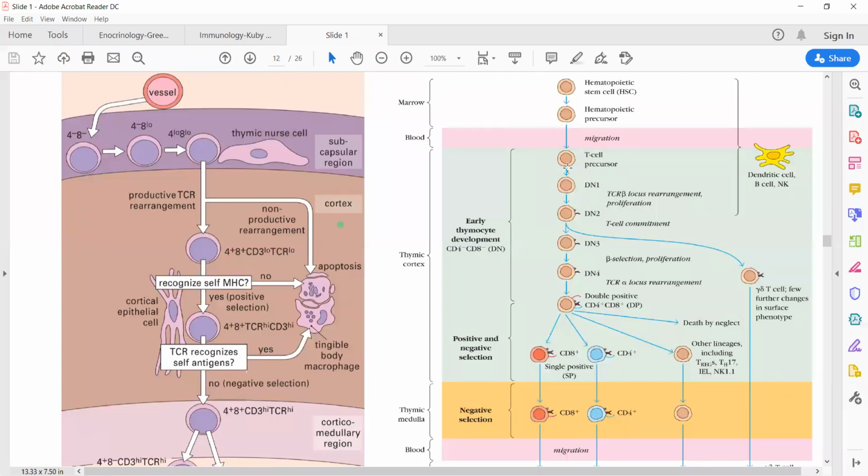In the presence of the nurse cells, when the nurse cells have started secreting IL-7, the CD44 is down-regulated. The moment the CD44 is down-regulated, the second phase of thymocyte schooling starts.